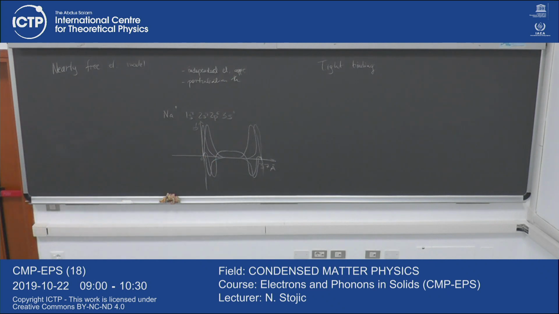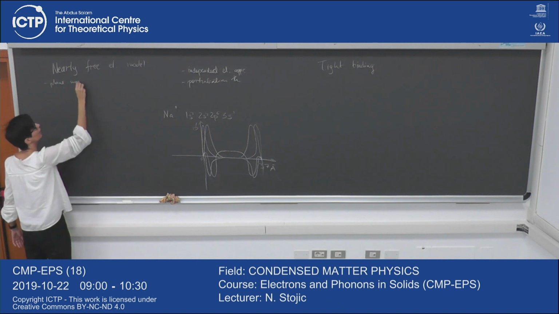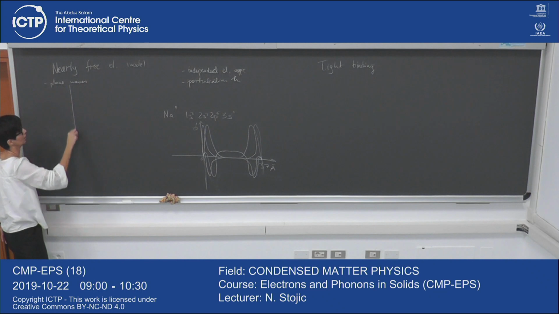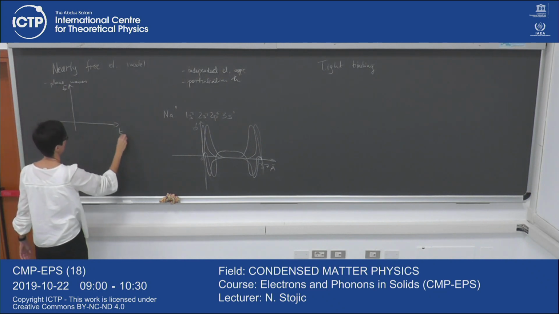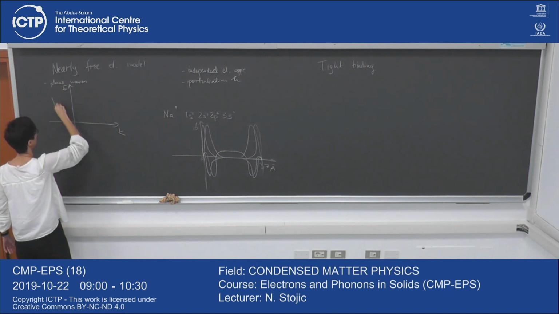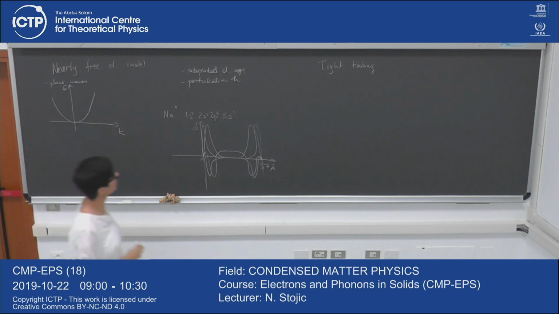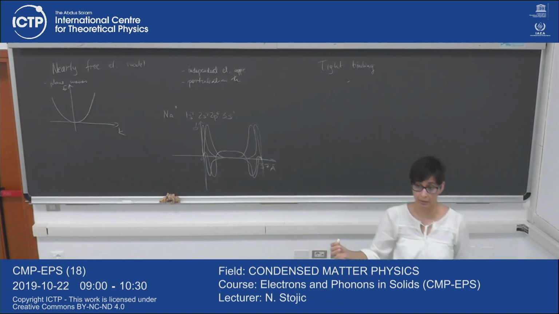So what is the basis for nearly free plane waves that you know? And how is the energy dispersion of the plane waves? Something of this type. In tight binding, it's as opposite as it can be.